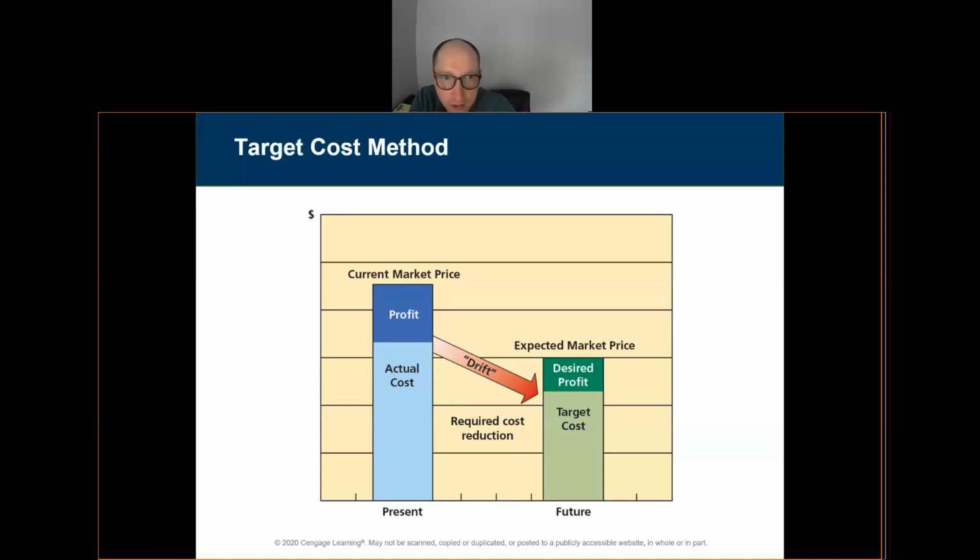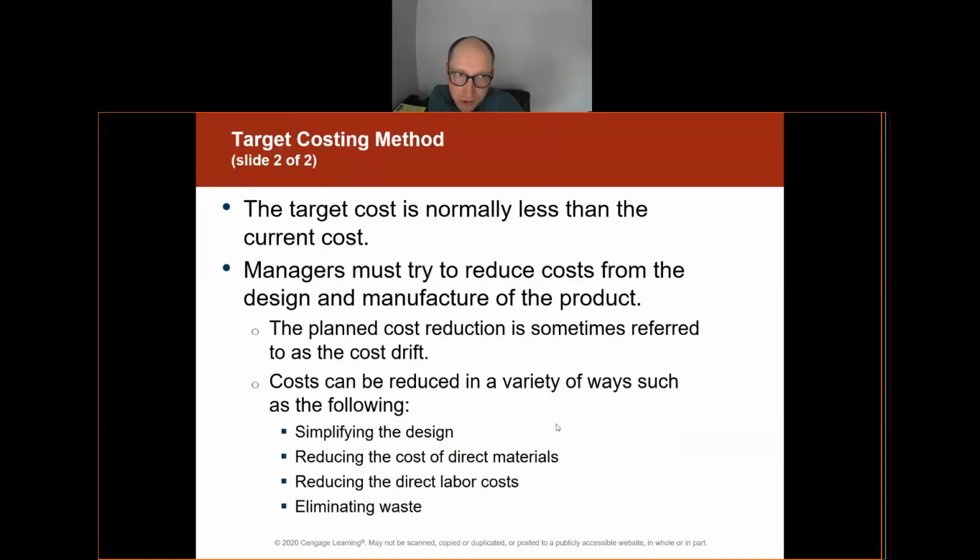And this concept tries to reduce the total cost: actual cost, target cost. The idea is to reduce total cost. And how do we reduce total cost? We simplify the design, reduce cost from indirect materials, reduce cost for direct labor, eliminate waste. These are all concepts of reducing total cost.